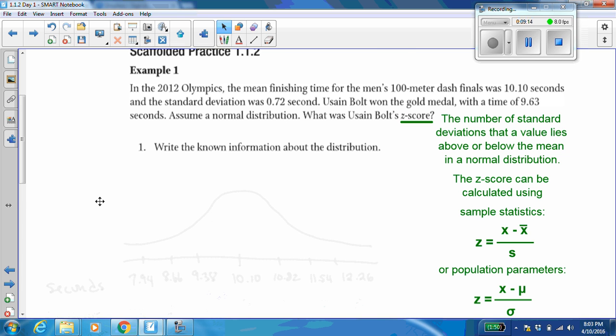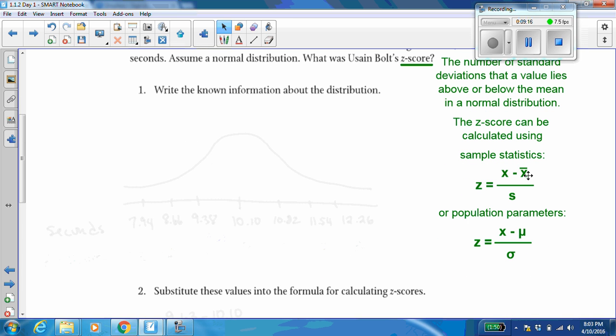Now, how do we actually calculate a z-score? Well, it turns out that you can calculate z-scores with sample statistics or population parameters. Sometimes in a set of data, you won't know if the mean that they give you is a mean of a sample or a mean of a population. But it turns out that the calculations are the same.